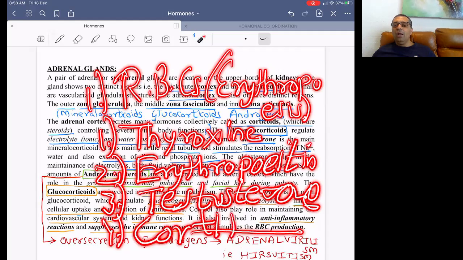So, याद रखना, you have thyroxine, you have erythropoietin, thyroxine given by thyroid gland, erythropoietin given by your kidney, testosterone given by your testis, and cortisol given by your adrenal cortex. All of them help in the process of erythropoiesis. Beautiful.